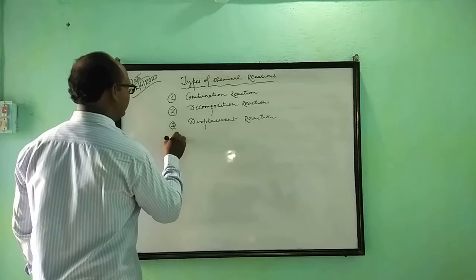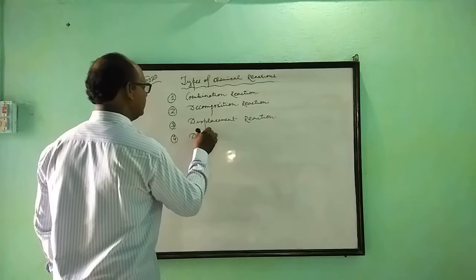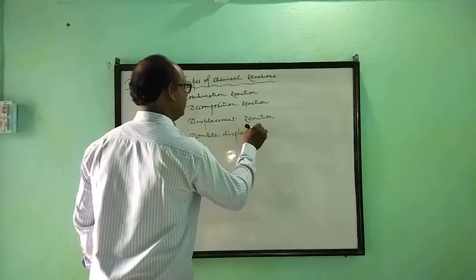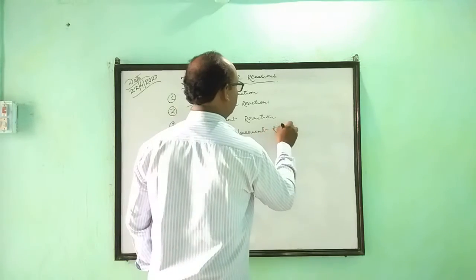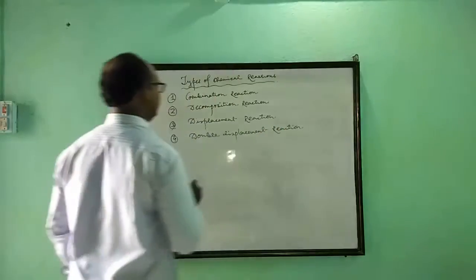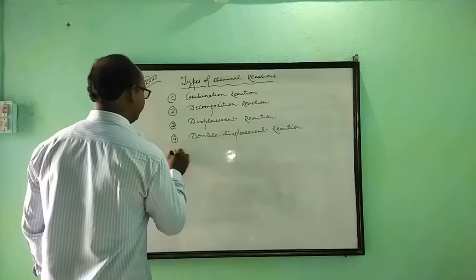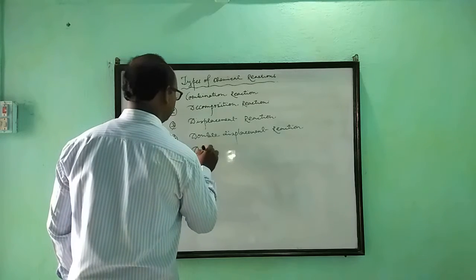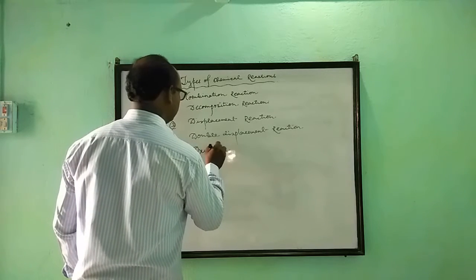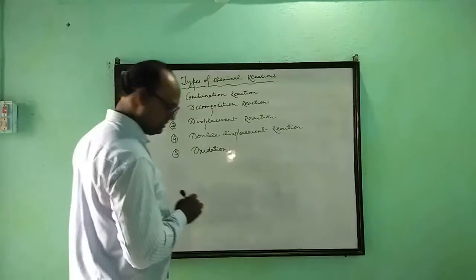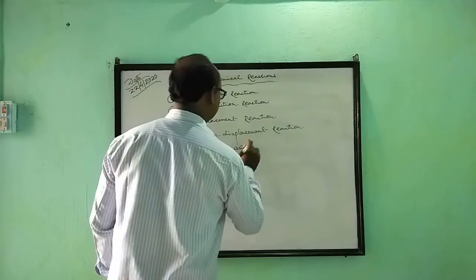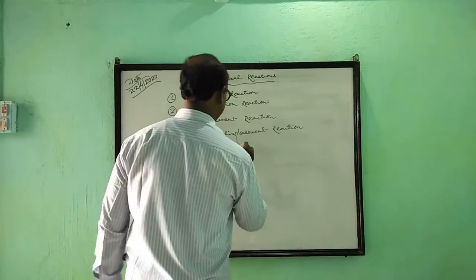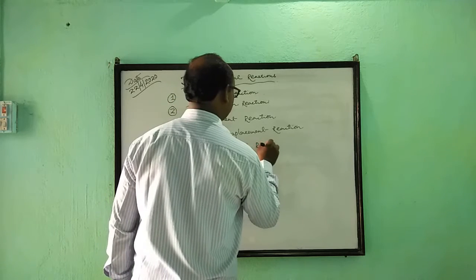Number 4, double displacement. And number 5 is oxidation and reduction.